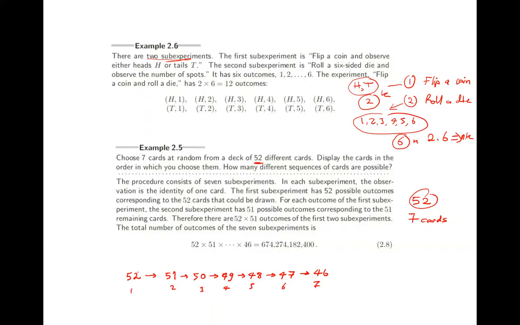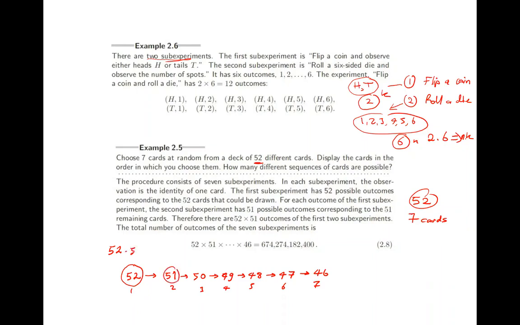So the first card will be any of the 52 cards. Okay, so I have 52 different choices, possibilities. So 52. Next, once I choose one, there are going to be 51 cards left. So the number of variations, the number of sequences for the next card is going to be 51.